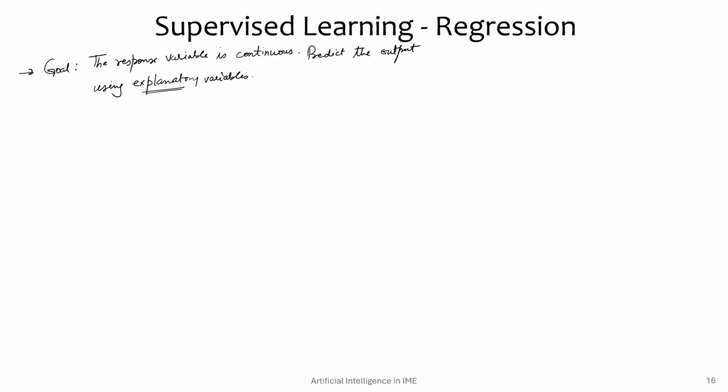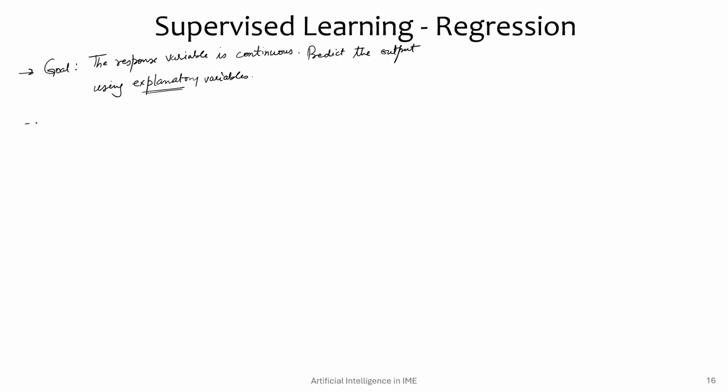If you are working on a problem to identify the weight of a person using characteristics like height, color, or three or more features, then all those features used to identify the weight of that person are called the features of the input data, and they are also known as explanatory variables.